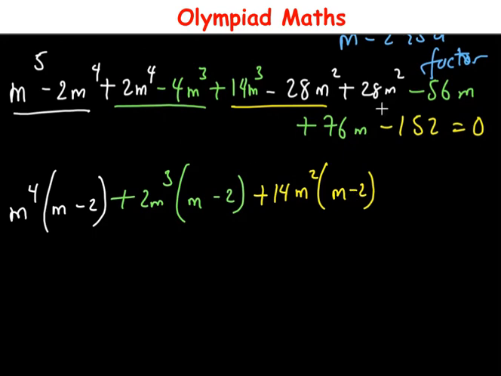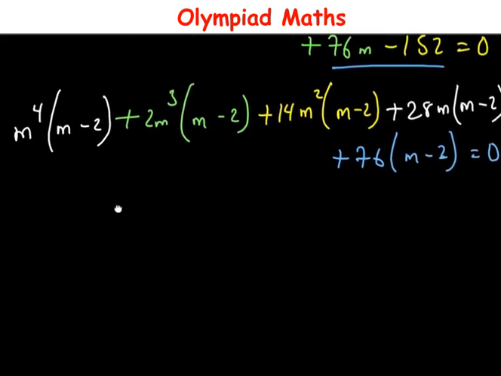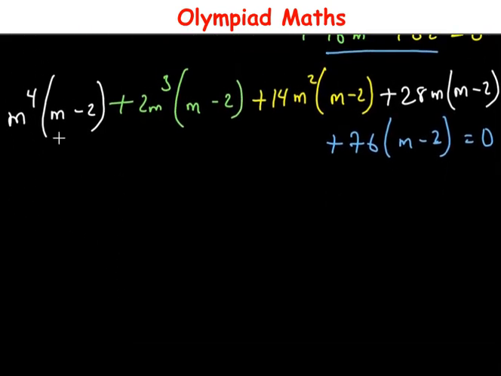And from this equation, factorize out plus 28m, we are left with m minus 2. And also from this, factorize out plus 76, we are left with m minus 2, and this equals 0. So looking at this, we have a common factor, m minus 2.